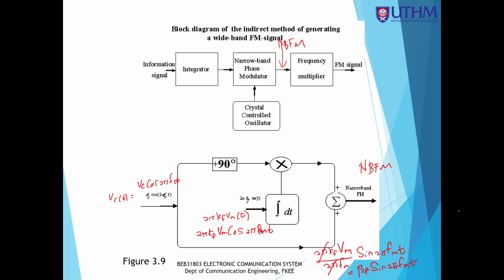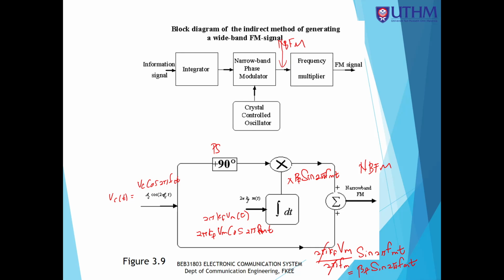Okay, so di sini ini berada di sini over here. Okay, so here is beta. So di sini adalah beta F sin 2 pi FM T. Okay, and then here cos masuk ke dalam phase shifter.